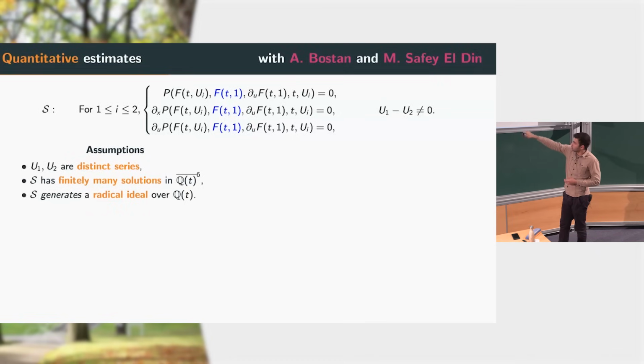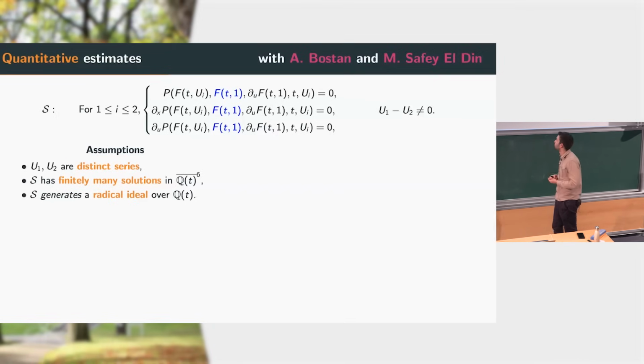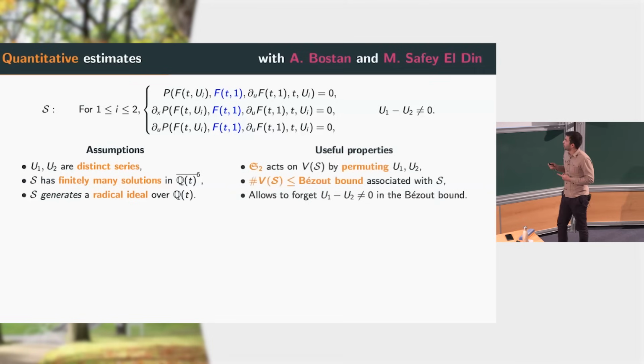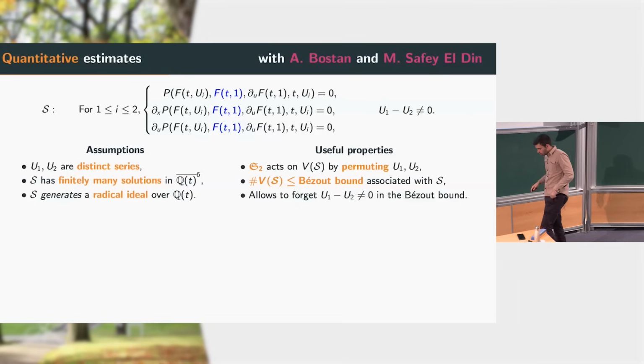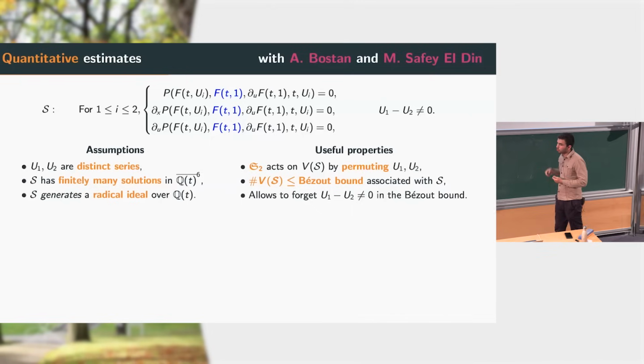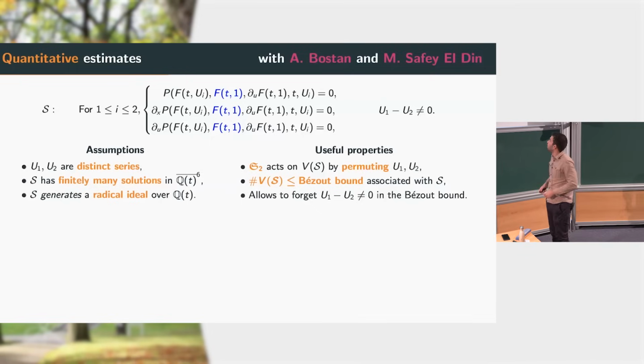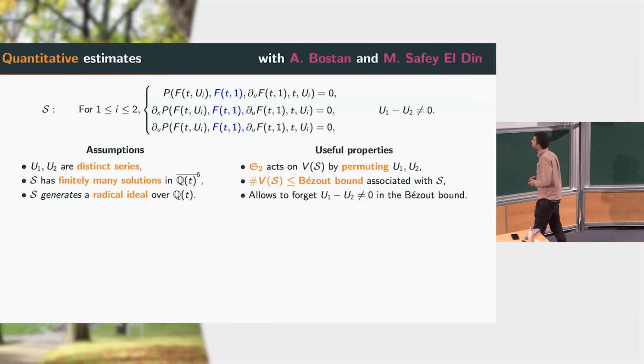I will also assume some regularity, so no multiplicity points in the solution set. Under these assumptions, I get that there is a group action obtained by permuting u1 and u2 in these polynomial constraints. So when you permute u1 and u2, you still have a solution. So there is a group action on the solution set of these polynomial constraints.